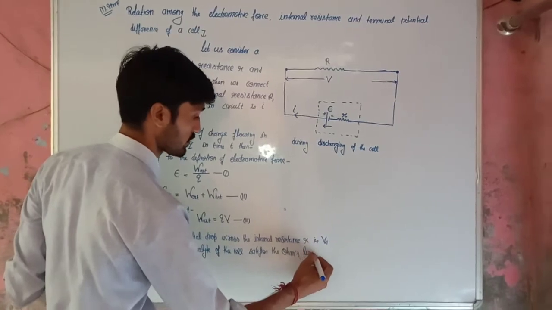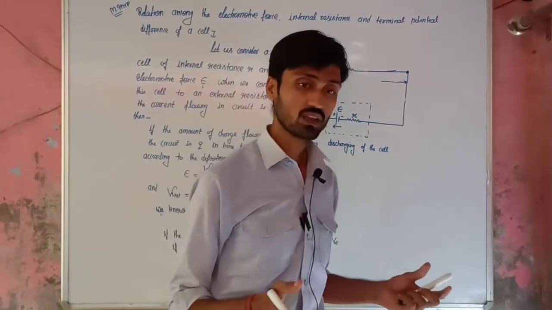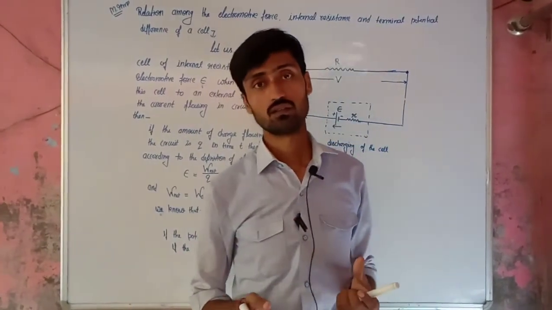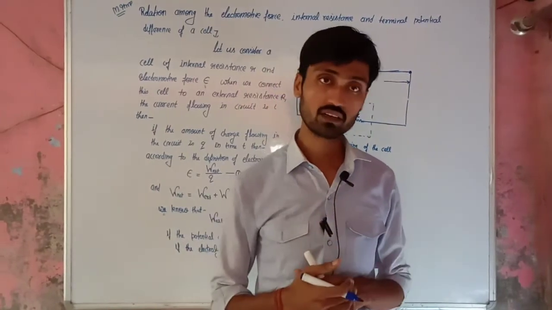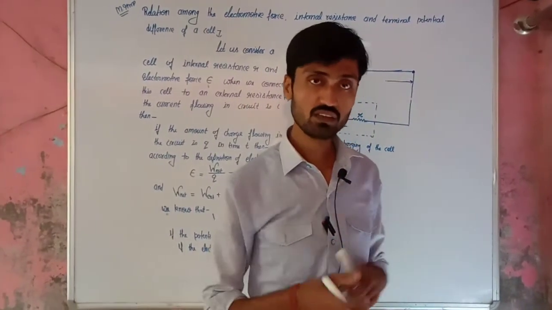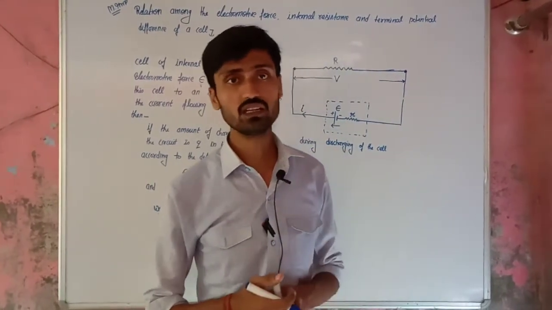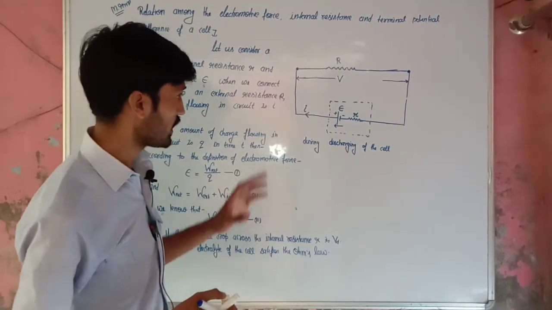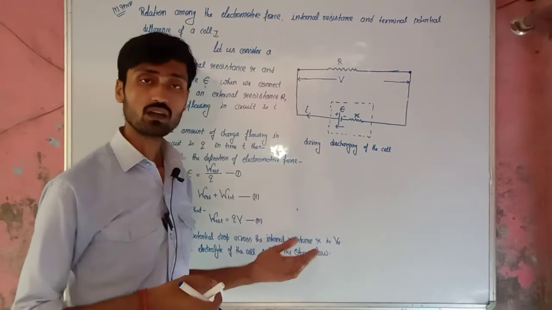Generally, electrolytes do not follow Ohm's law. But here, to derive the formula, basically at the 12th class level, we consider that the electrolyte of the electrochemical cell satisfies the Ohm's law.